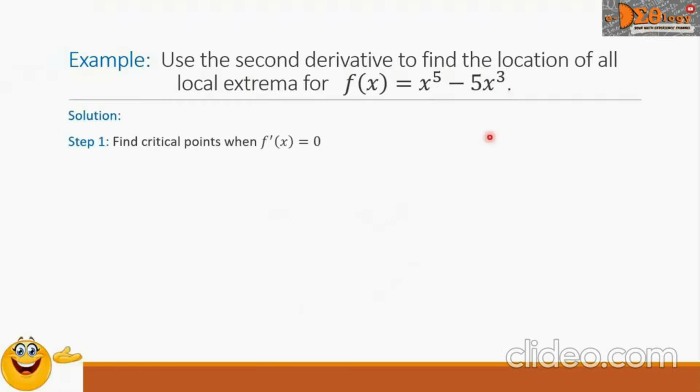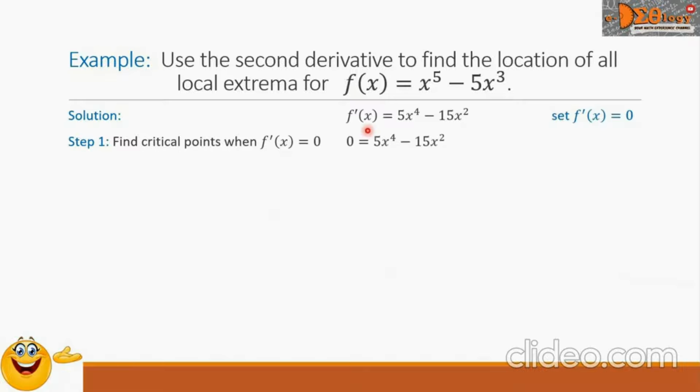For our solution, step 1 is to find critical points when f prime of x equals 0. This is our function here, so the first derivative will be 5x raised to 4 minus 15x squared. Let us set the first derivative to 0.